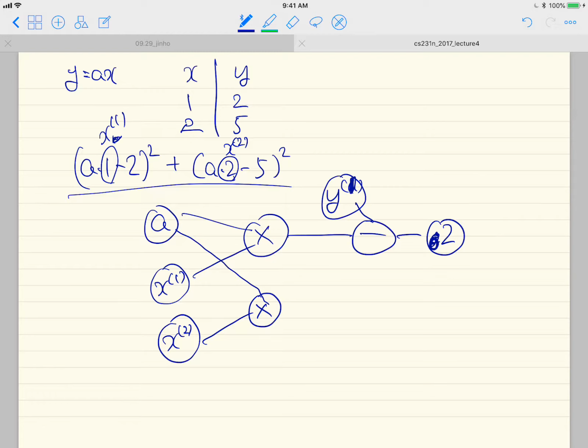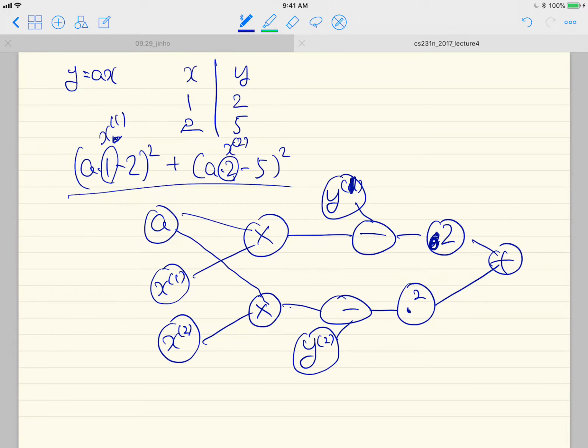A is the common node, but x1 and x2 are two different nodes because they are two different data items, and thus y2, and then they are finally added together. So this is our final loss function that represents this function, right?